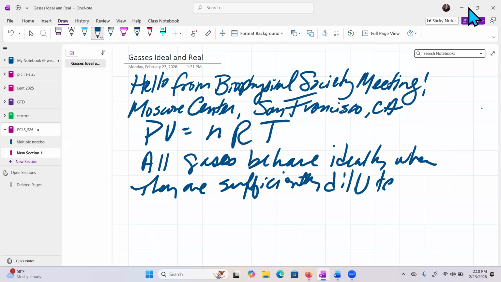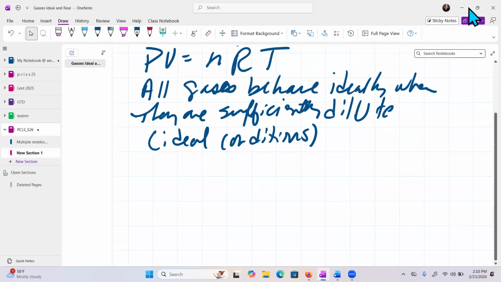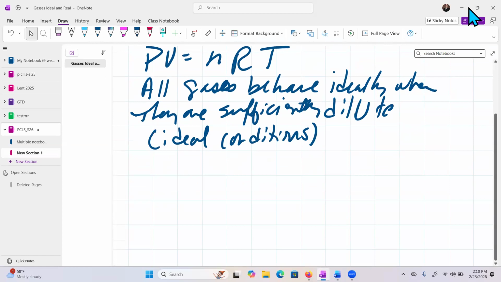So what does that mean? Well, this is the ideal conditions. And as you might guess where we're going with this, it is not always ideal conditions. But let's see what this would be. So think about what would make this be the most true, right? So this would be the case when you have a high temperature.